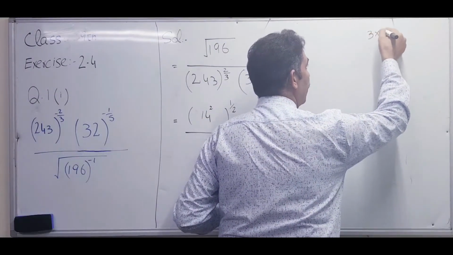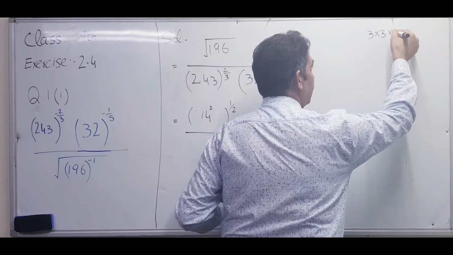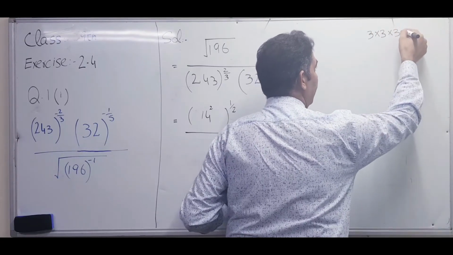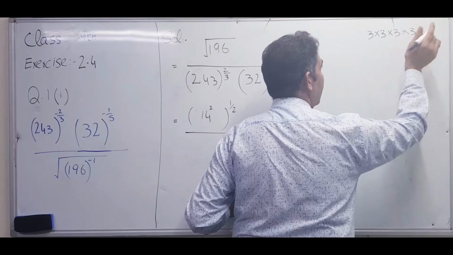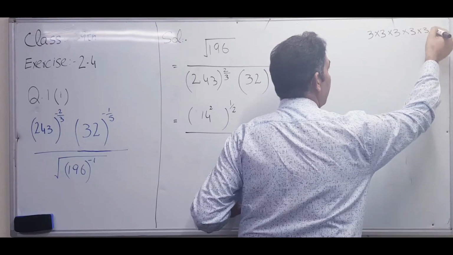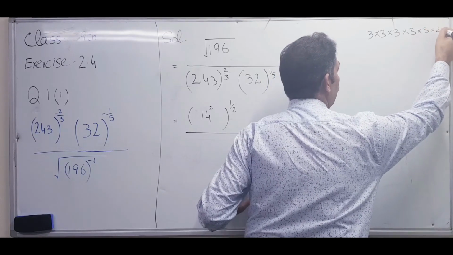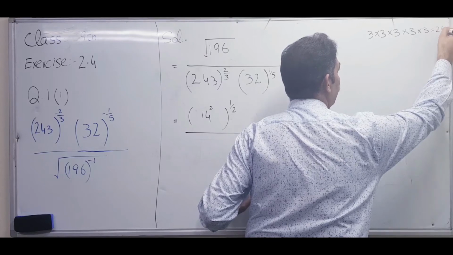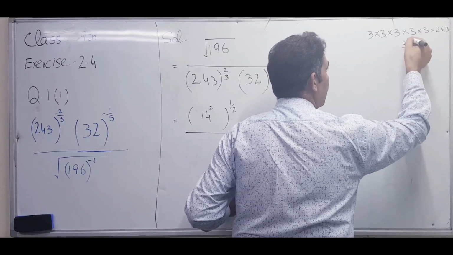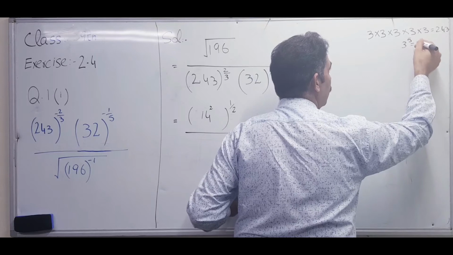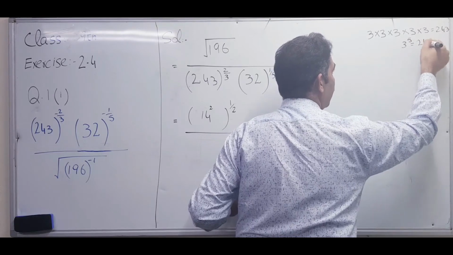3 into 3, 9. 9 into 3, 27. 27 into 3, 81. And 81 into 3 is equal to 243. It means that 3 exponent 5 is equal to 243.